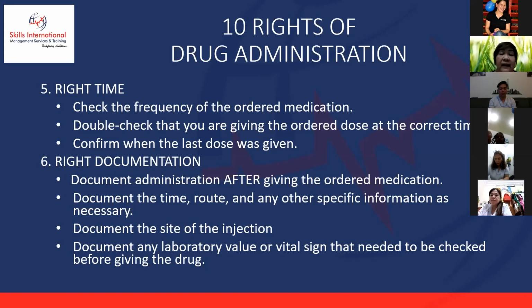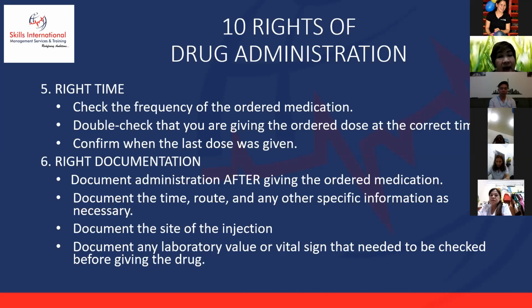So document any laboratory value. For example, the lab called you that the hemoglobin of the patient is 7. You inform your nurse or your doctor, and the doctor said, if the laboratory is 7, give 1 iron tablet.